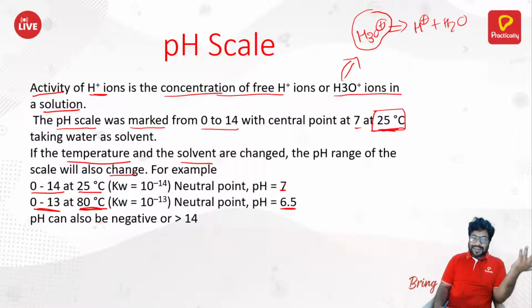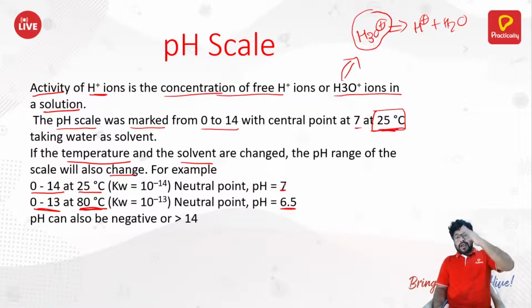But if I consider a hypothetical case where water does not vaporize and stays liquid beyond 100 degrees Celsius, then one thing will happen for sure: there will be more dissociation. When there is more dissociation, the pH scale will come down further. It narrowed from 14 to 13 at 80, and it might come down to 12 or 11, something like that. Then your neutral point will be whatever pH range you have, divided by 2, just like we found here.